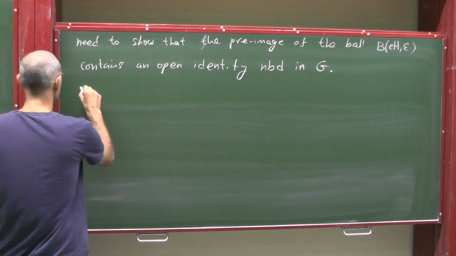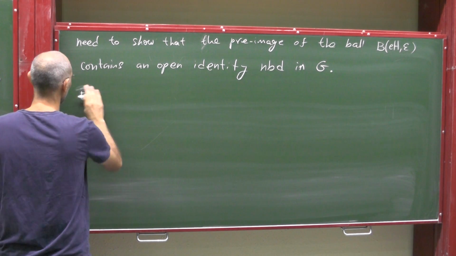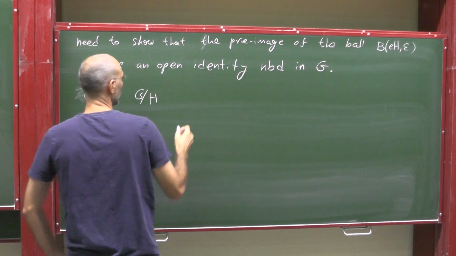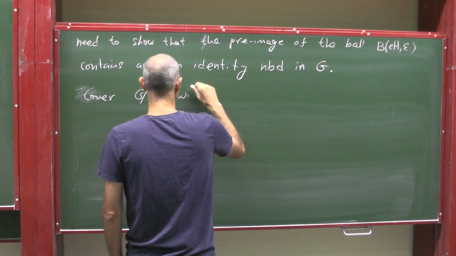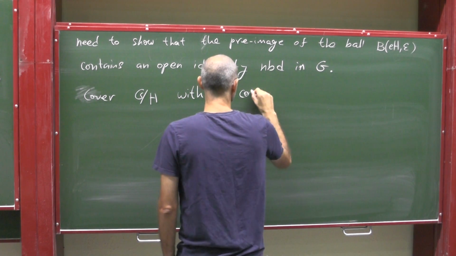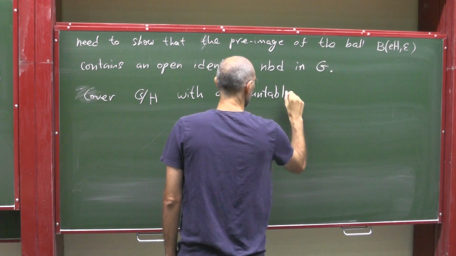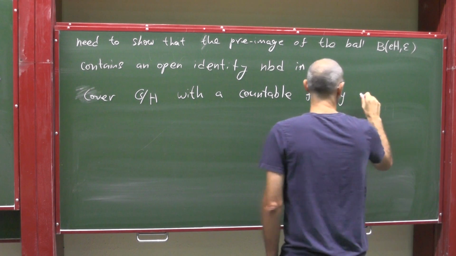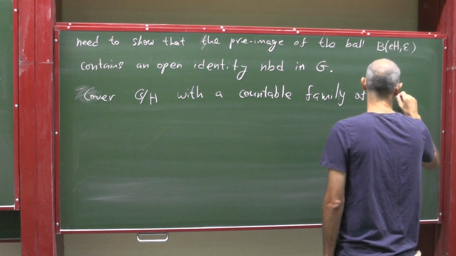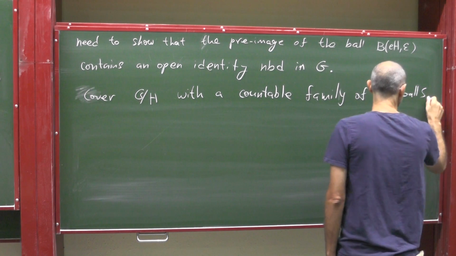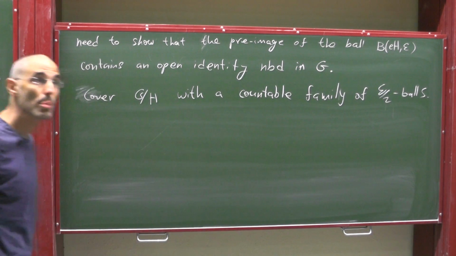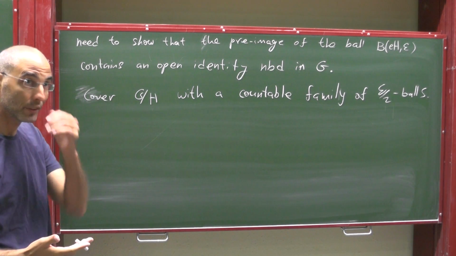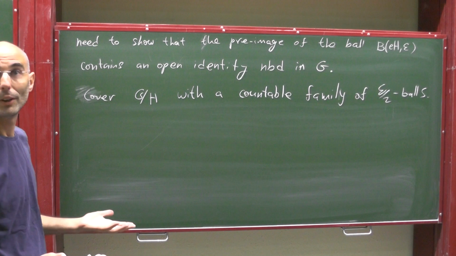So find or cover G mod H with a countable family of half epsilon balls. Here I'm using the separability. And the thing is, this countable family covers a full measure.